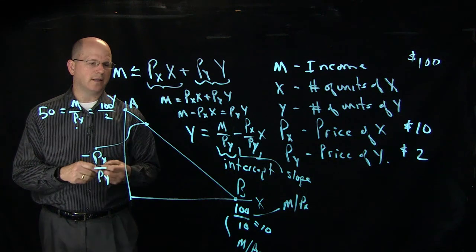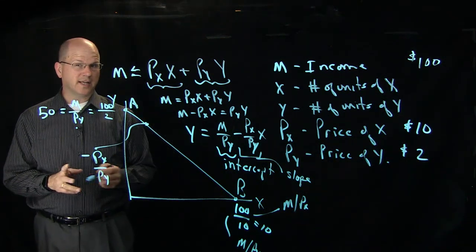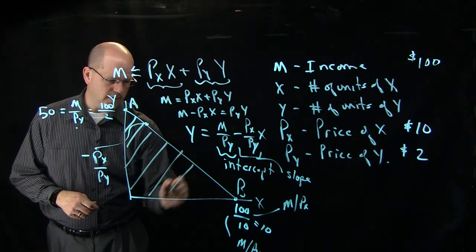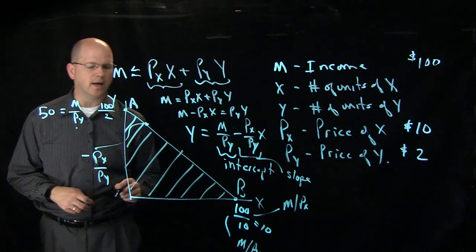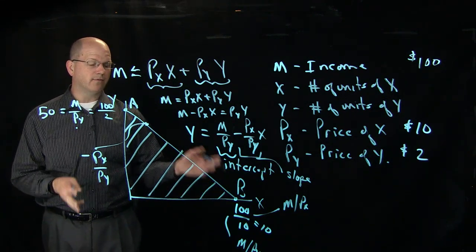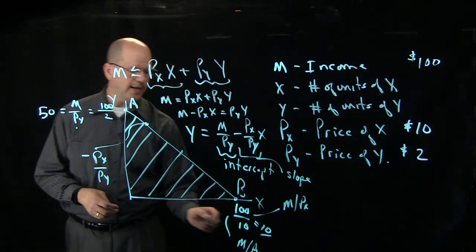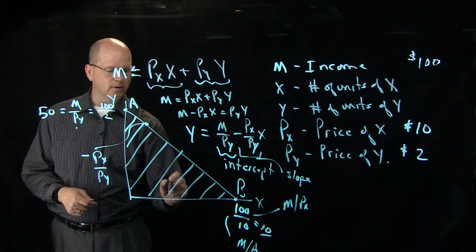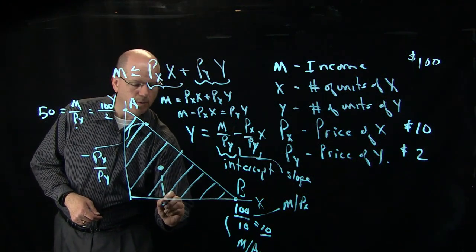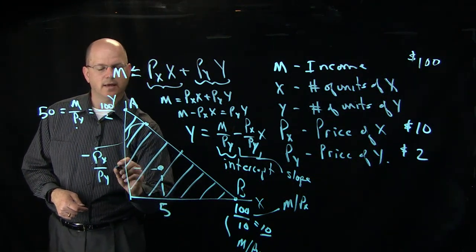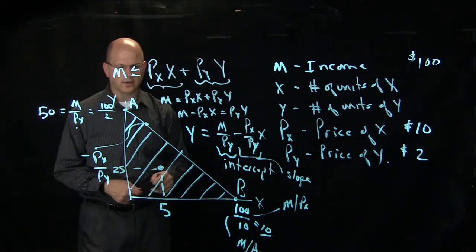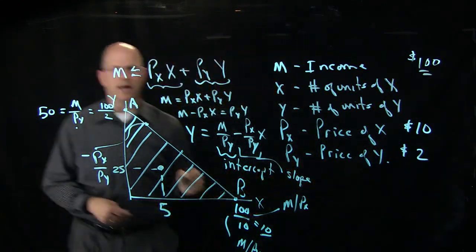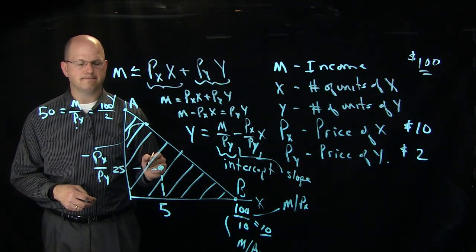But if we're not constrained to the endpoint, we can be anywhere on the line, or we can actually be anywhere inside the line as well, because if we can afford 10 units of good X and 0 units of good Y, we could be somewhere in here where we have 5 units of good X and 25 units of good Y, and still be within our $100 of income, right?